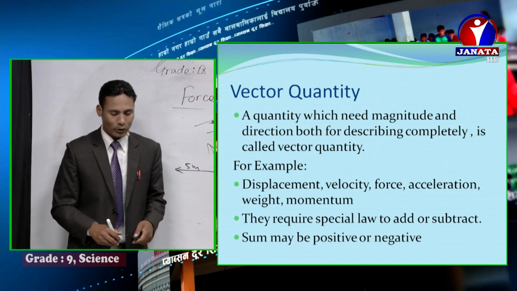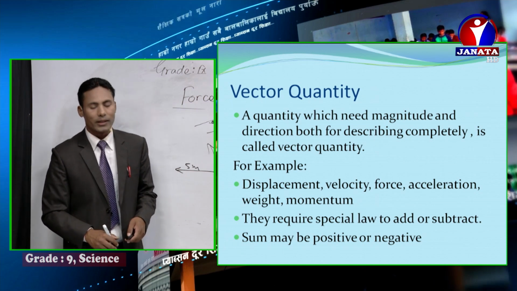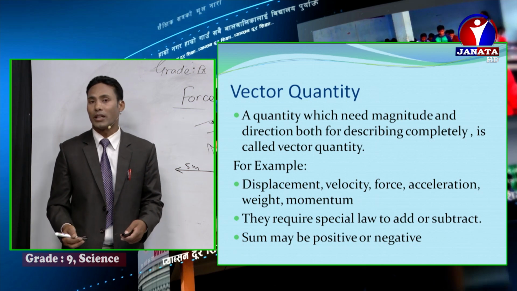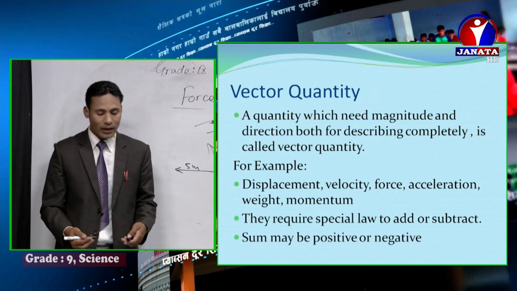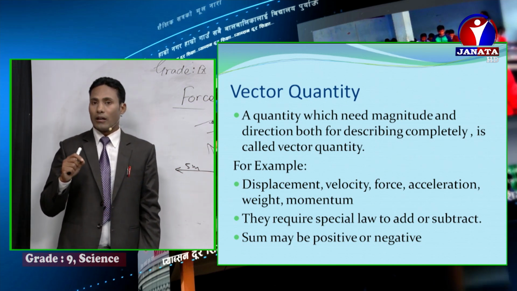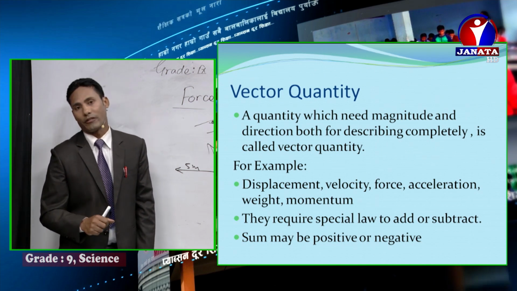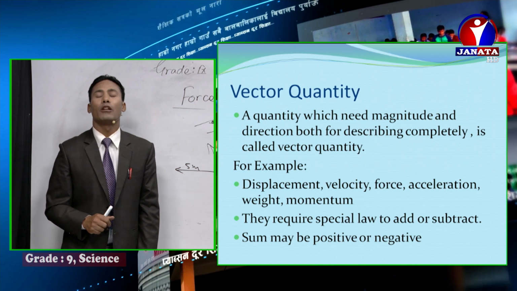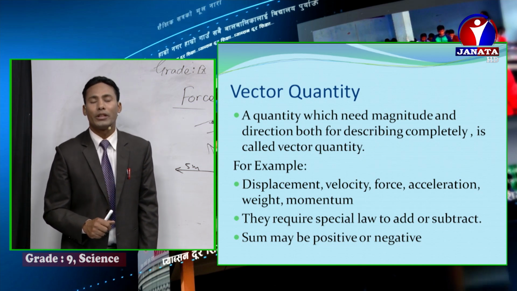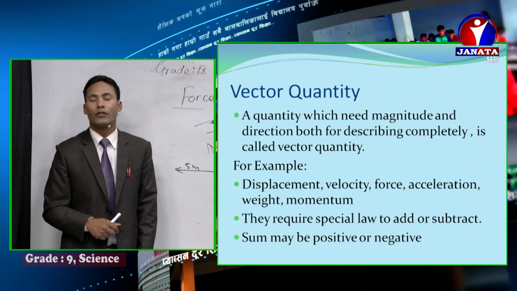I have given the examples also. Examples of vector quantities are displacement, velocity, force, acceleration, weight, and momentum. They are some examples of vector quantities, right? And one more piece of information about vector quantities: for addition and subtraction of vector quantities, some special laws are required. Simple algebra cannot be used for adding and subtracting vector quantities.